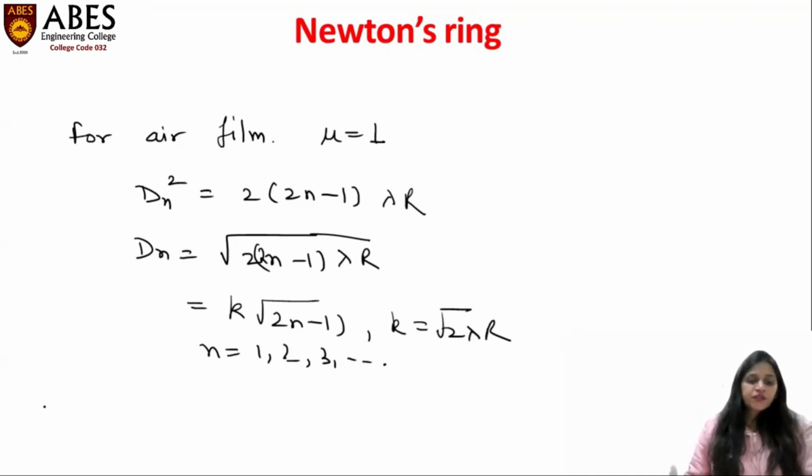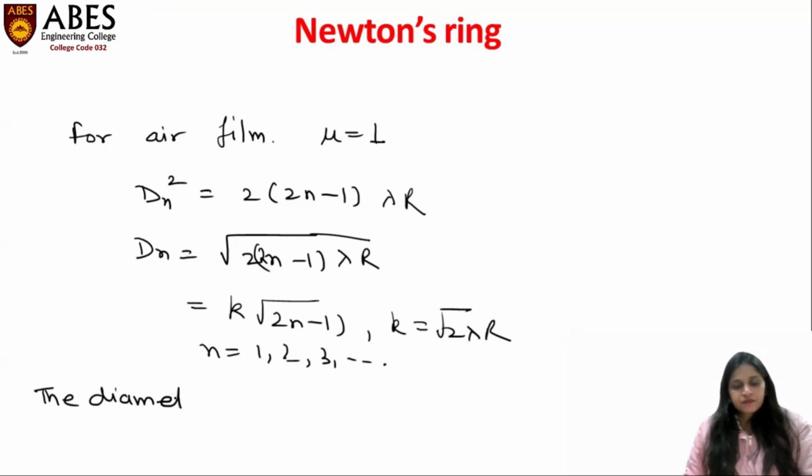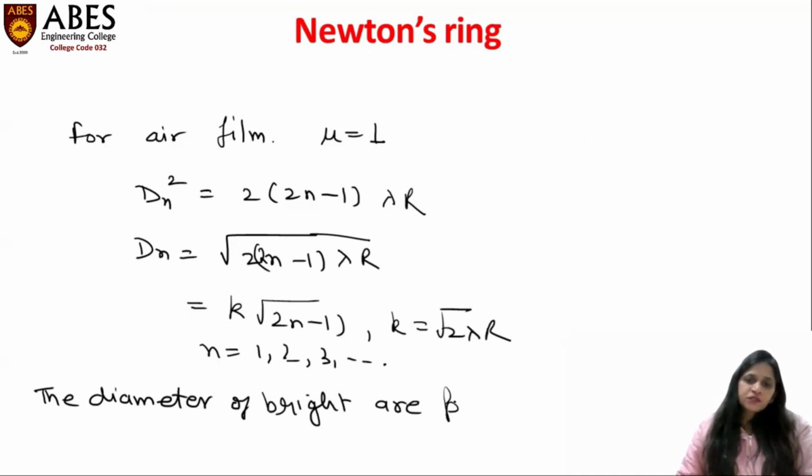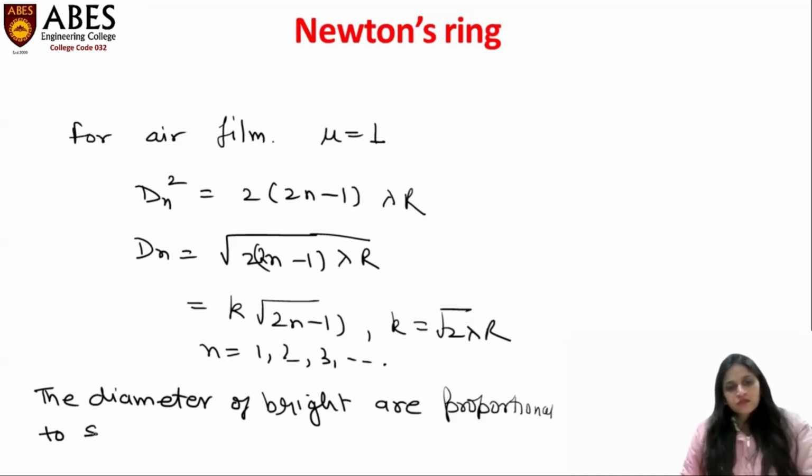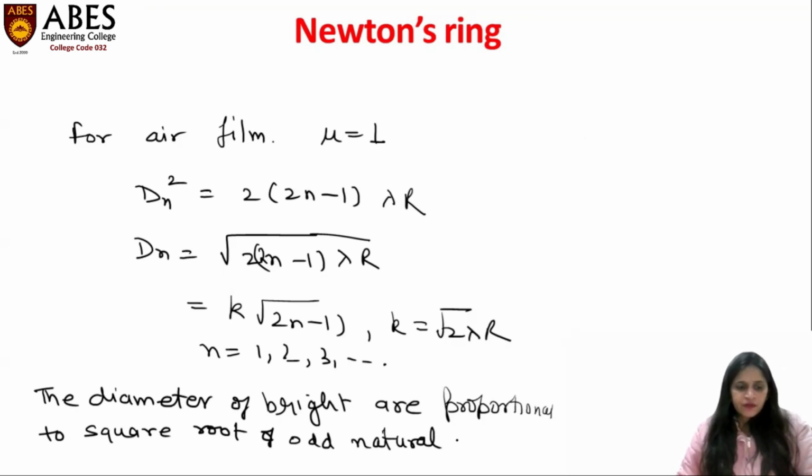So the conclusion we can draw is that the diameters of bright rings are proportional to the square root of odd natural numbers.